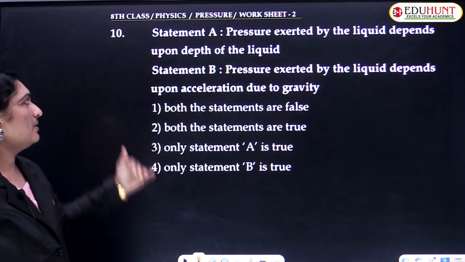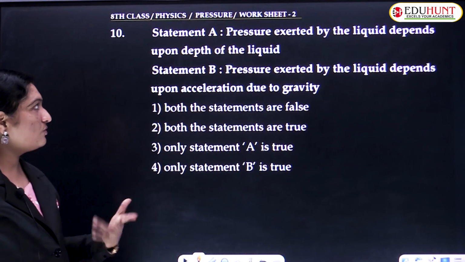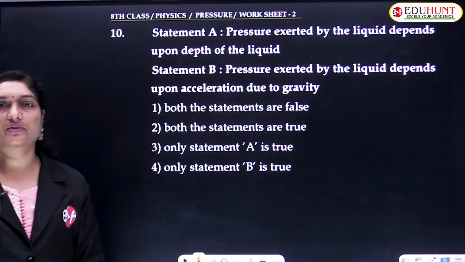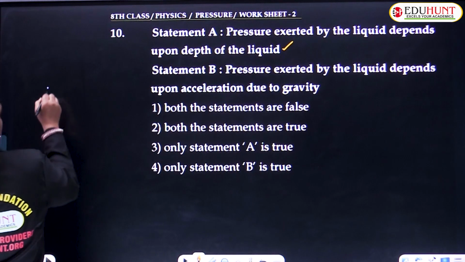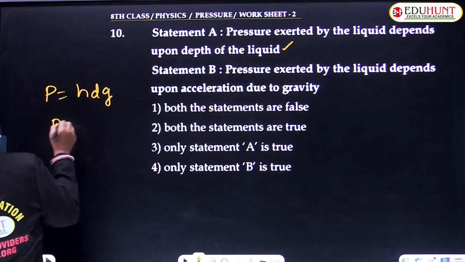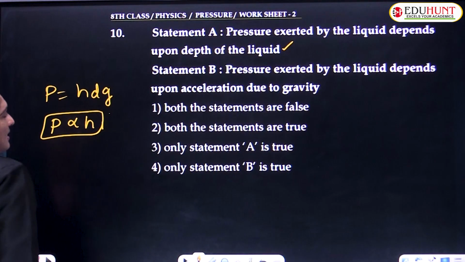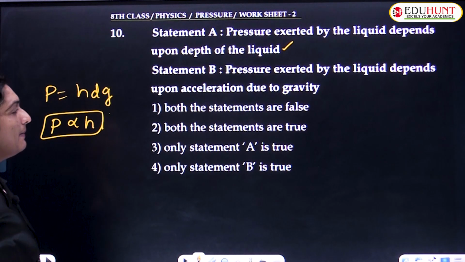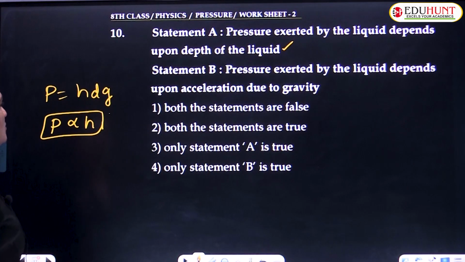Now, 10th question. These are statement problems, children. First statement, pressure exerted by the liquid depends upon the depth of the liquid. Very true. Pressure P equals HdG. So, pressure depends upon the depth of the liquid. First statement is true. Statement B, pressure exerted by the liquid depends upon acceleration due to gravity.